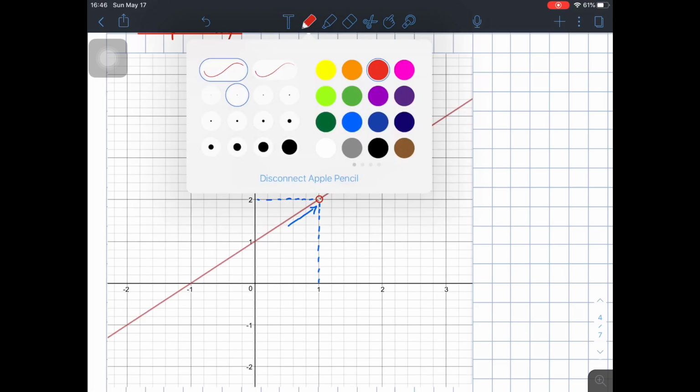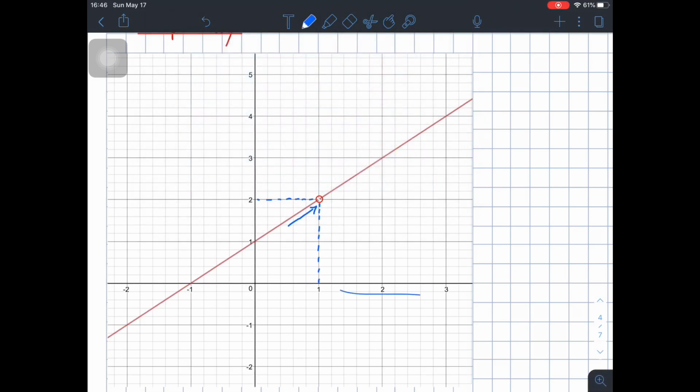And if we do the same thing from the right, if we approach the value of x, we approached here from the left. Now we're going to approach it from the right. You'll see that we are going to be approaching the same value, right? If I approach this from this side, I'm actually approaching the same value, which is this one over here.